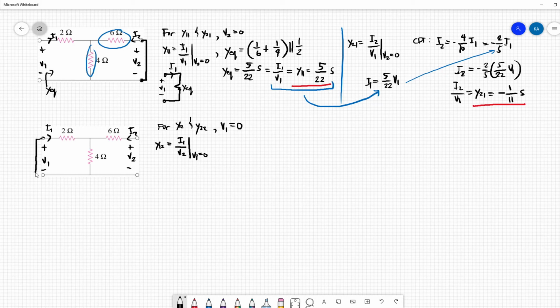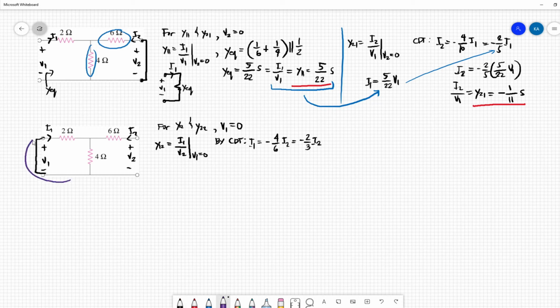This is shorted. We can express I1 in terms of I2 by using CDT, similar to the process in getting Y21. So by CDT, our I1 equal to negative 4 over 6 I2 is equal to negative 2 over 3 I2.